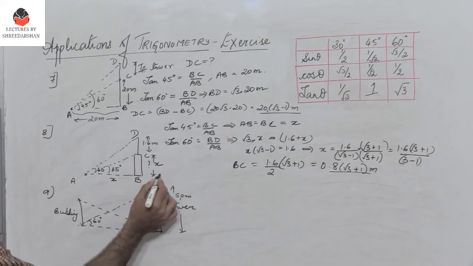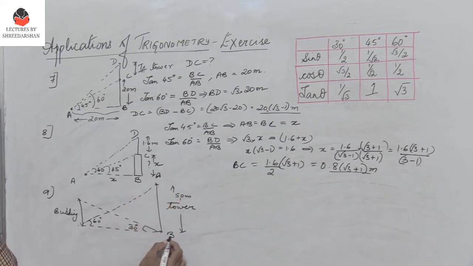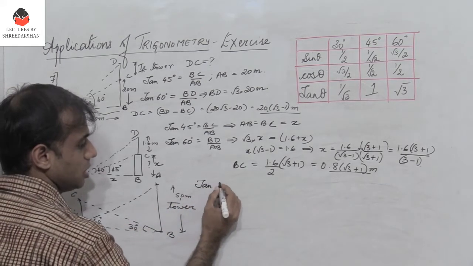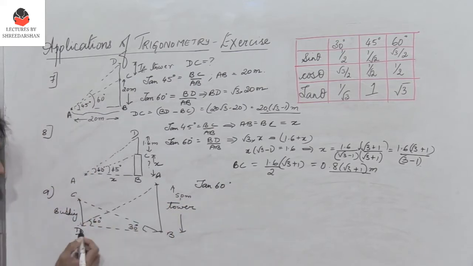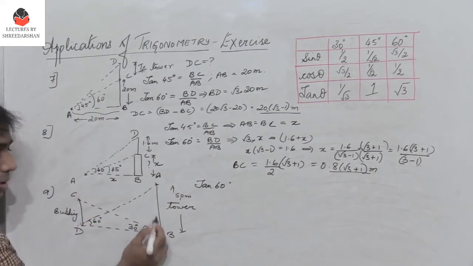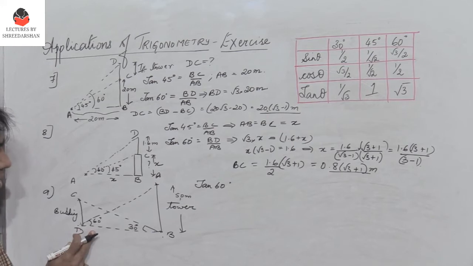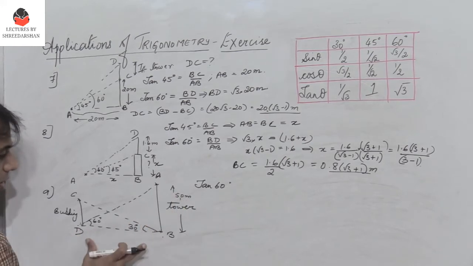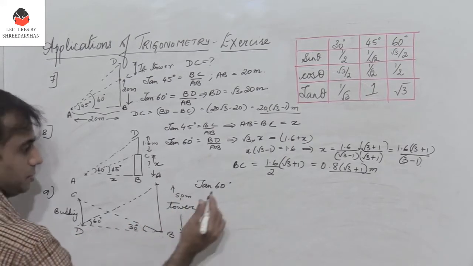Alright, so now let this be A, B, C and D. Let us try to find it. Let me apply tan 60. If I consider this right angle triangle ADB, tan 60 is nothing but AB divided by BD.